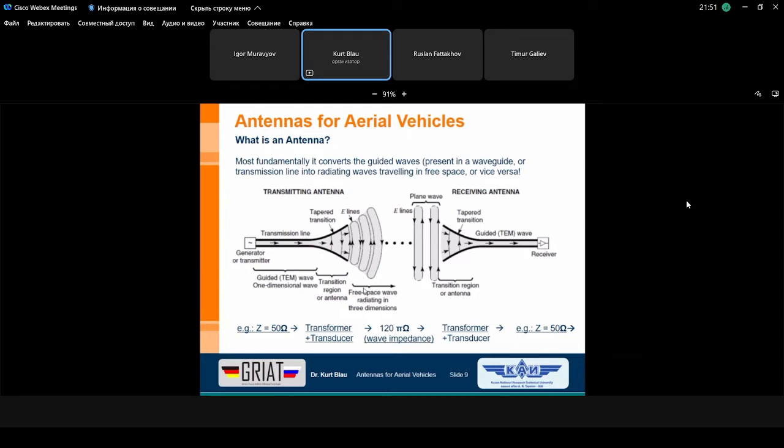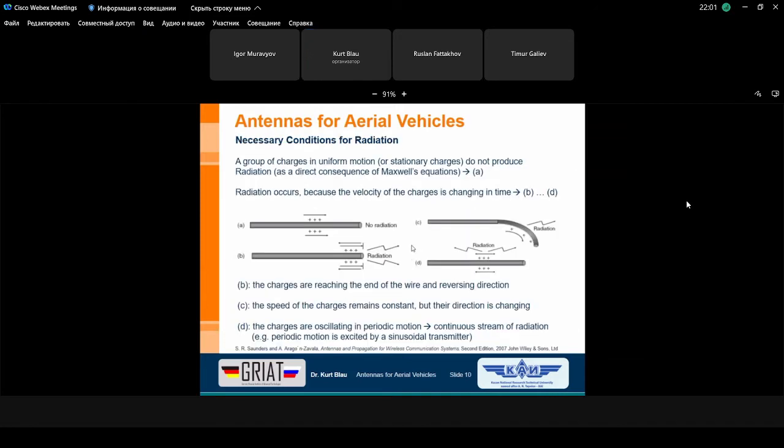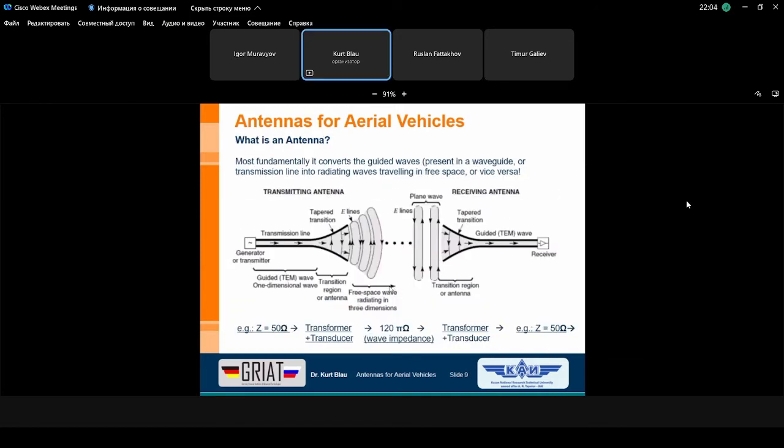And this is given later in a slide, which is the square root of the material constants, the permeability and the permittivity in free space. And this is the reason for this value of 120 pi ohm.